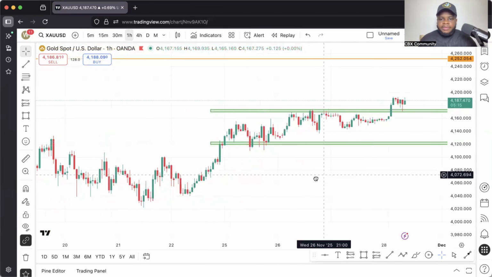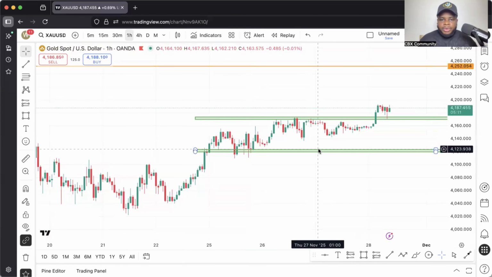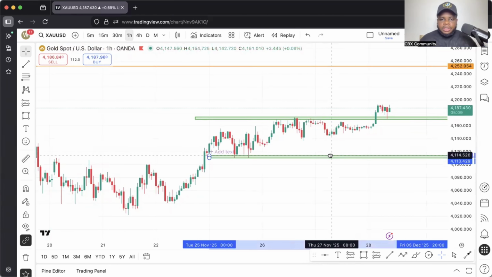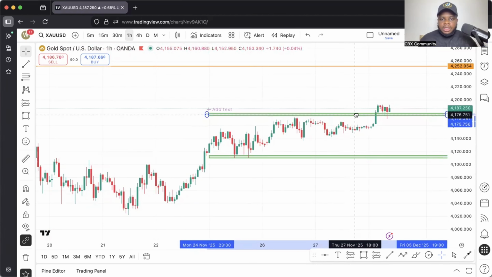So the 1 hour time frame, as you can see, this consolidation zone, they are still valid. So all we need to do is just to adjust this over here and adjust it over here.